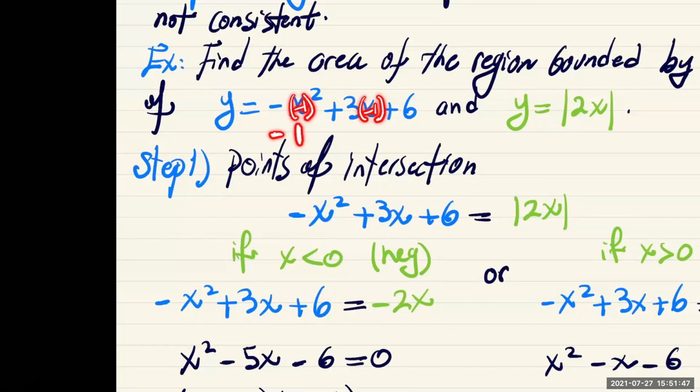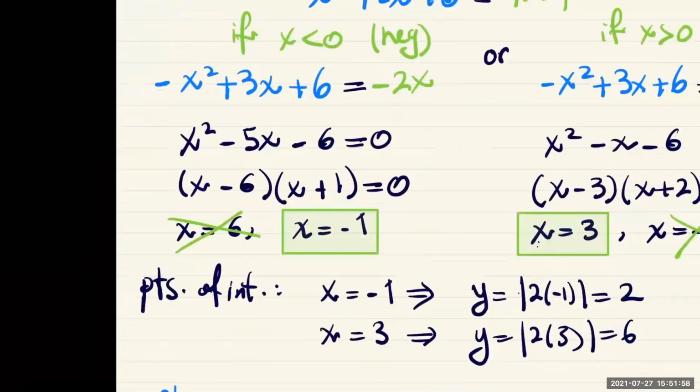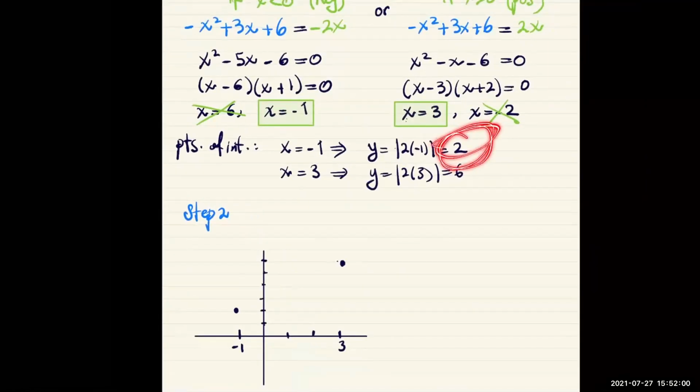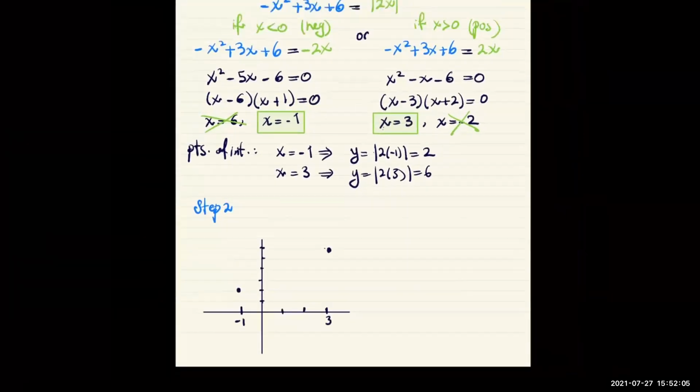So we get -1. 3 times -1 is -3 plus 6. -1 minus 3 is -4 plus 6. That's equal to 2. And that's exactly what we have here, 2. That's how you can check to see if you've done your equation correctly.